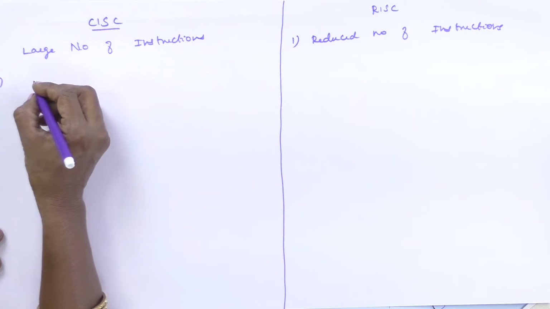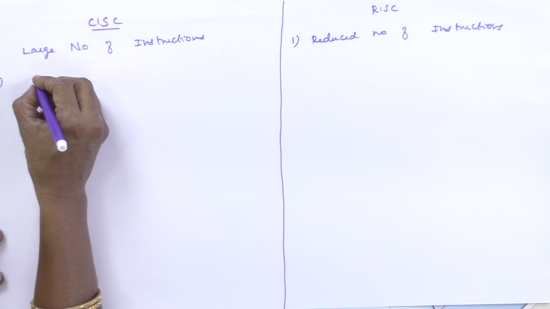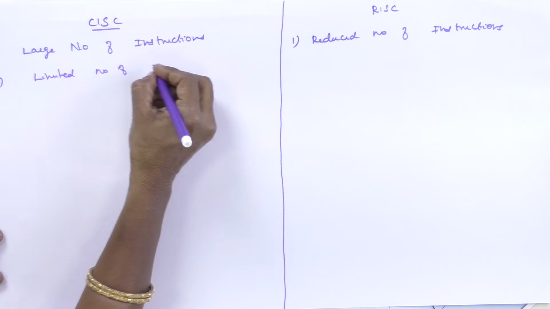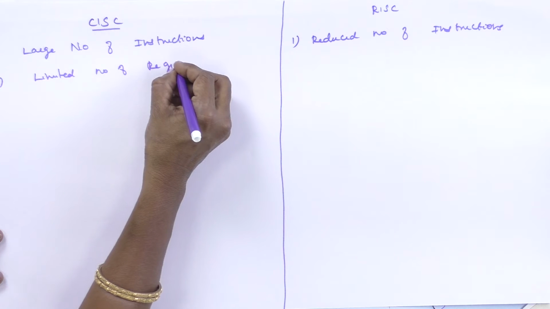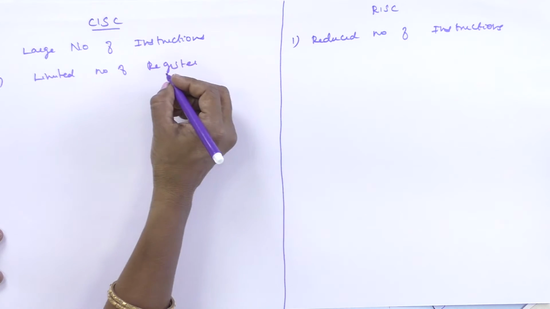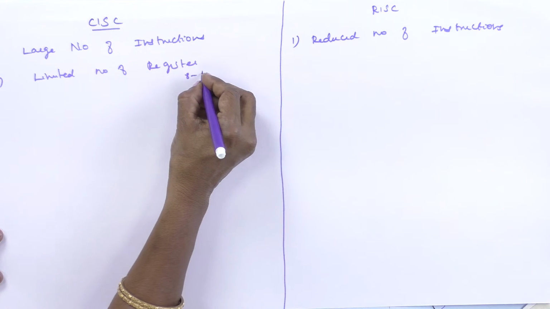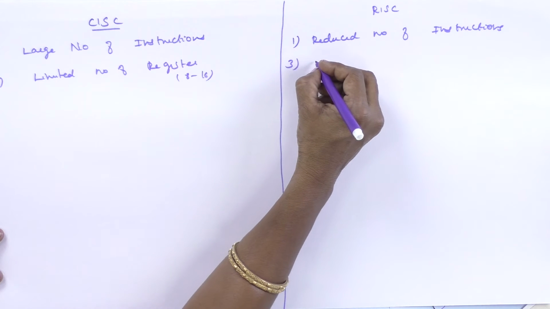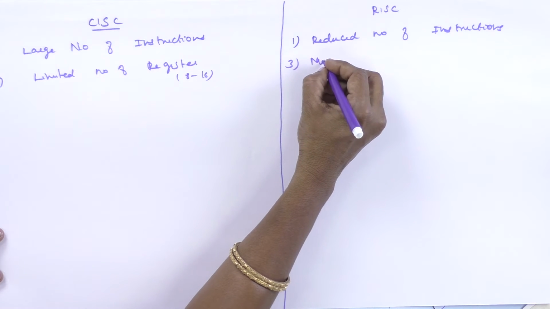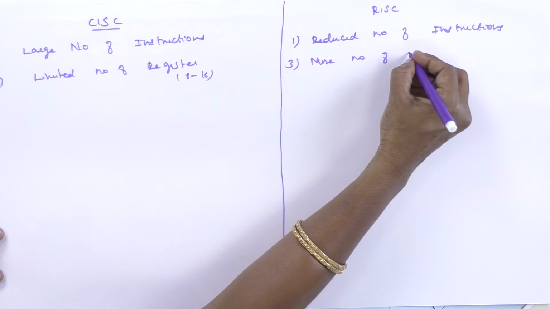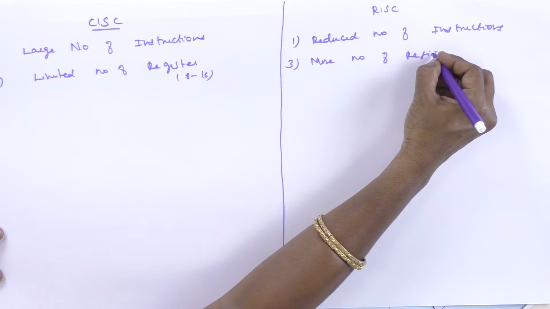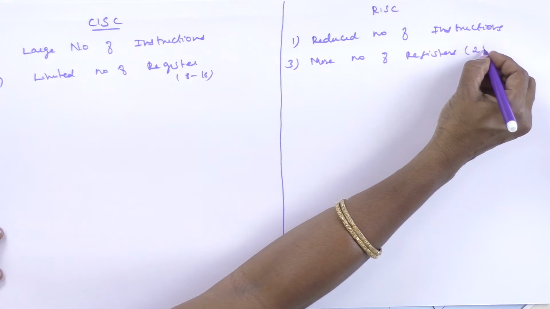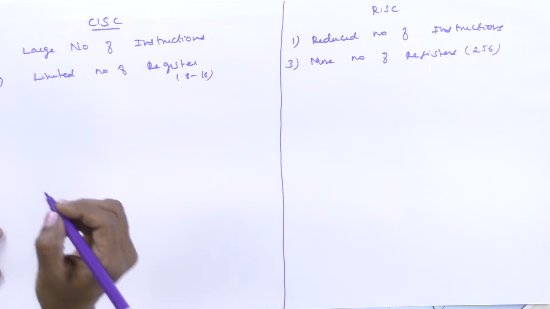CISC processors have a limited number of registers, normally varying from 8 to 16. RISC processors have more registers, normally going up to 256 also.